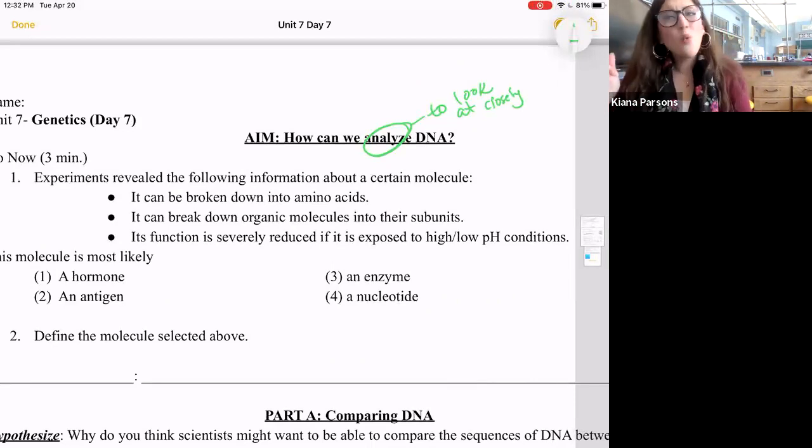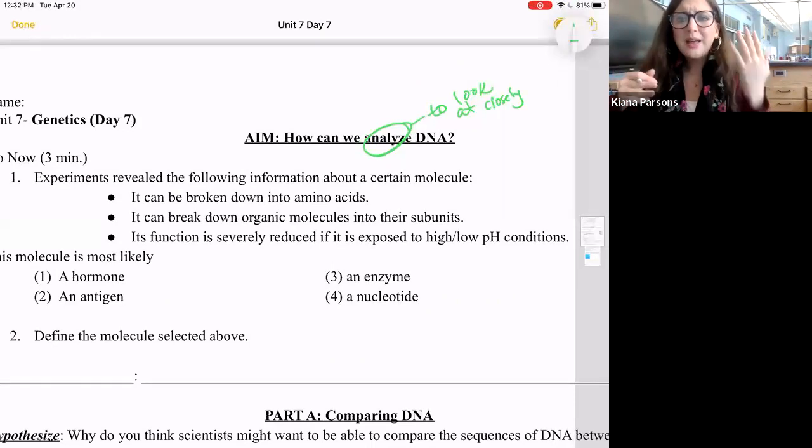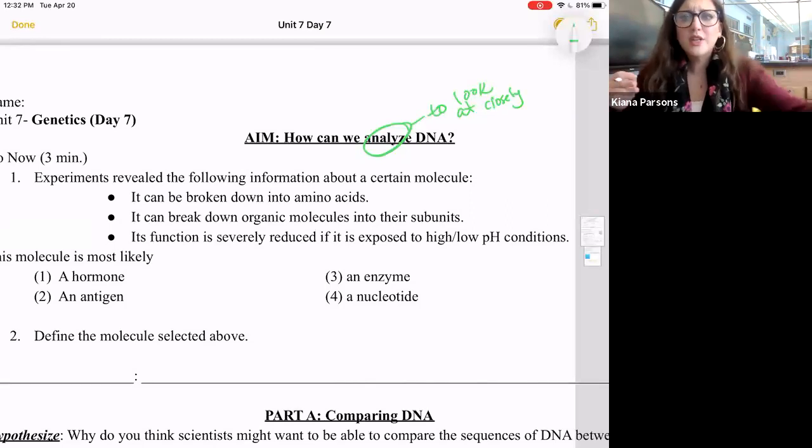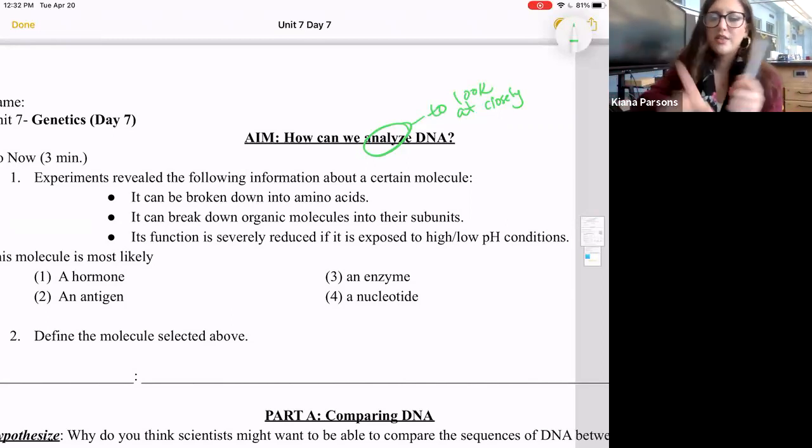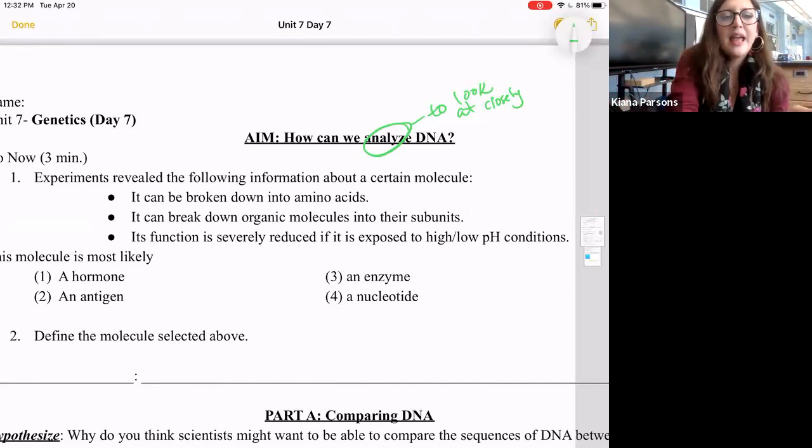So start thinking about why we might want to compare DNA. Why might we want to see if one strand of DNA is similar to another strand of DNA? Start thinking about that. And our first question here, the do now, says the following.